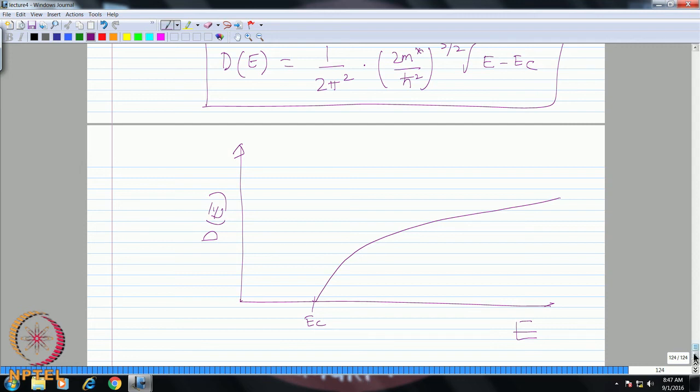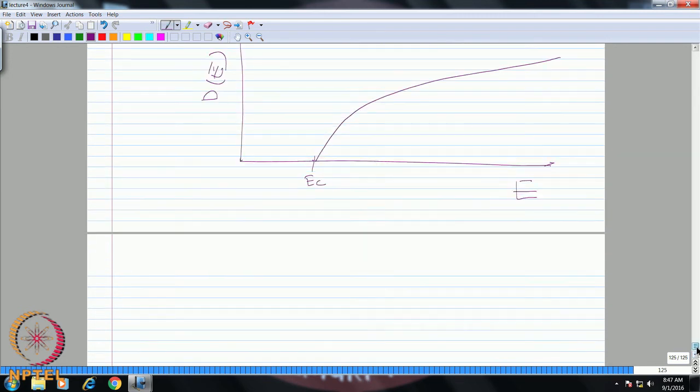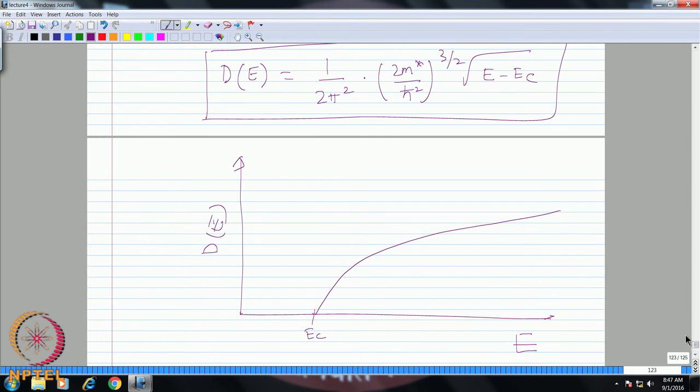So, you can say if you take D square, this is a function of E, this is a parabola, right. So, this is the kind of variation. What it means is, at the edge of the conduction band Ec, the density of states is 0, that means there are no quantum states available.